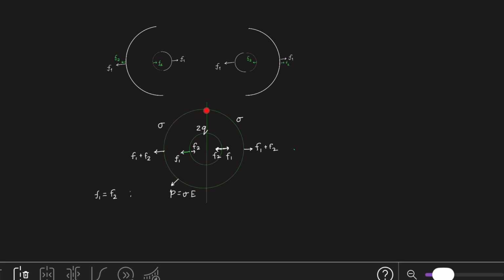The electric field in this region due to the inner shell is E, suppose. So the charge per unit area on this outer shell, which we call pressure, is sigma, the charge density, into the electric field. Electric field is K 2Q by R square.